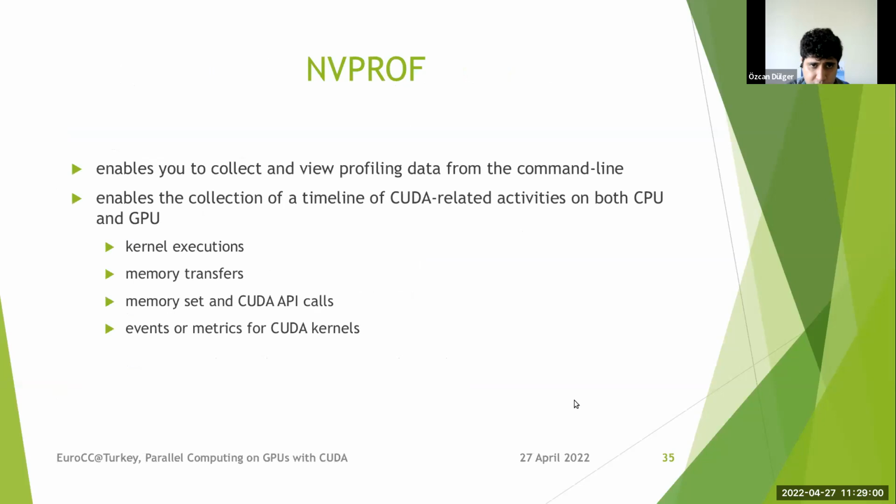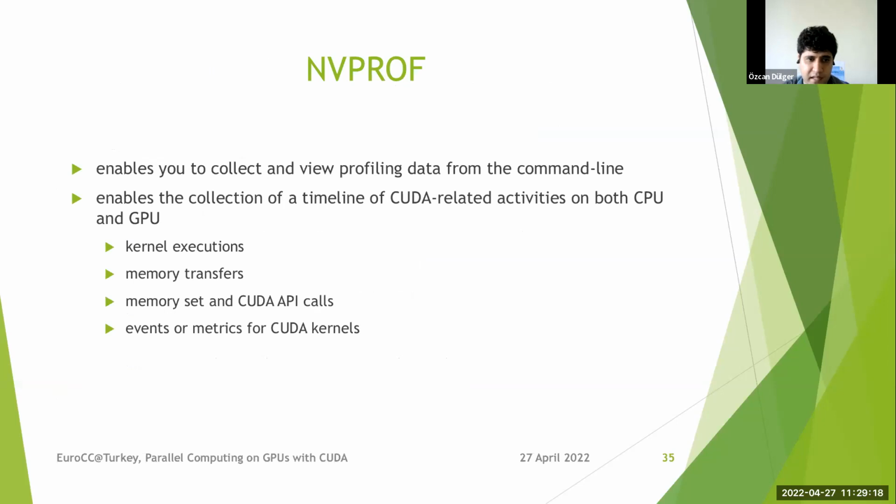Okay, let's continue with nvprof. It enables you to collect and view profiling data from the command line, and enables the collection of a timeline of CUDA-related activities on both CPU and GPU.